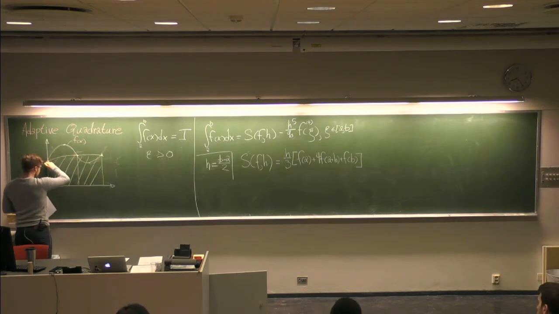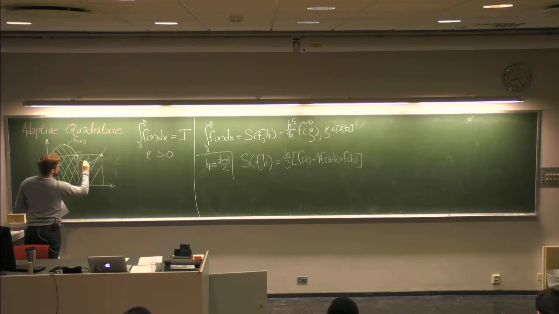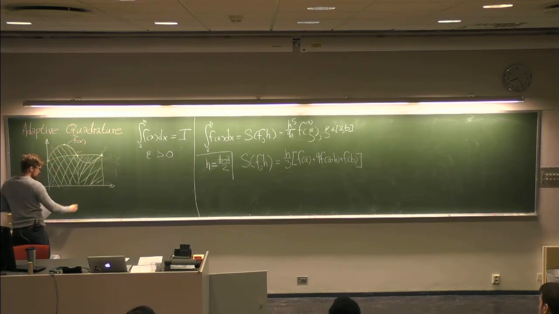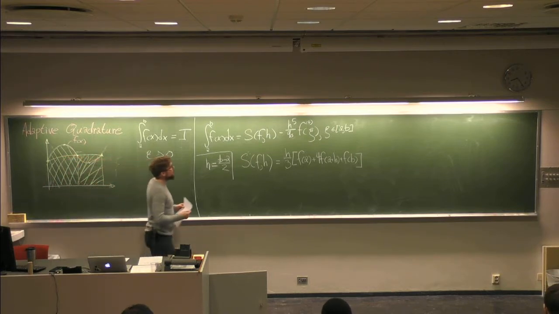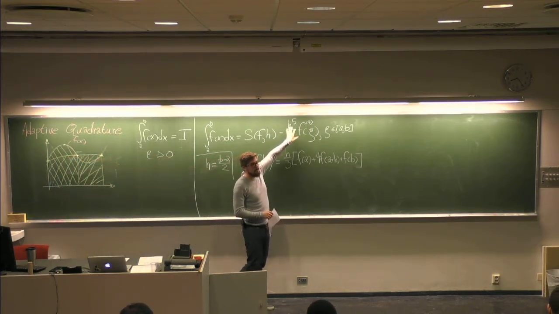So here you see we're actually fitting the function a lot better than what we did earlier by just splitting it in 2. And we can also use this to try to estimate this error in a better way.